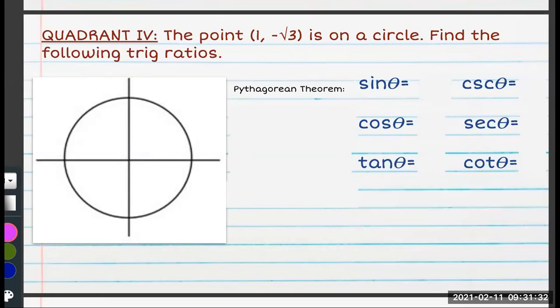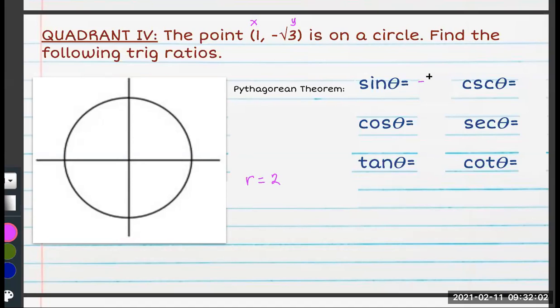So can somebody dictate the answer to the class? We are missing here the R. What did you get for R? R is equal to 2. Did everybody get 2? Yes. Okay, so what is sine theta? This is your x and this is your y. X is 1, y is negative square root of 3.